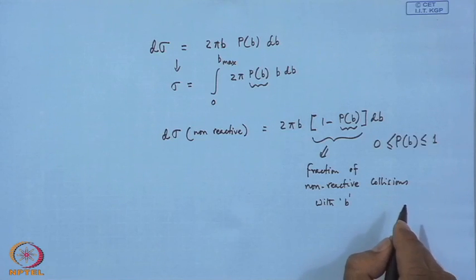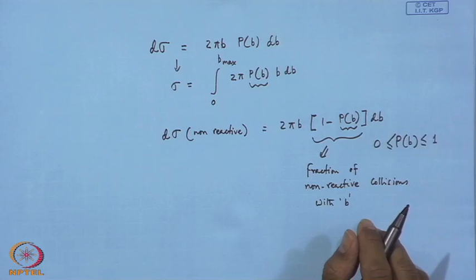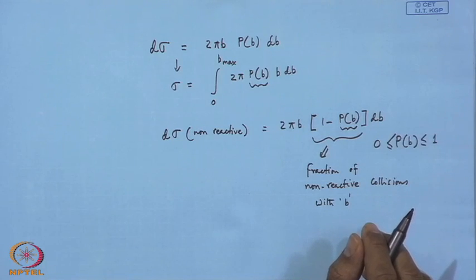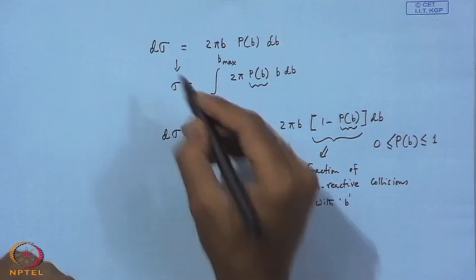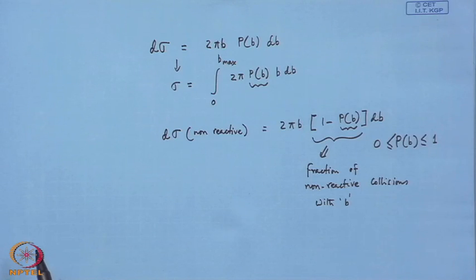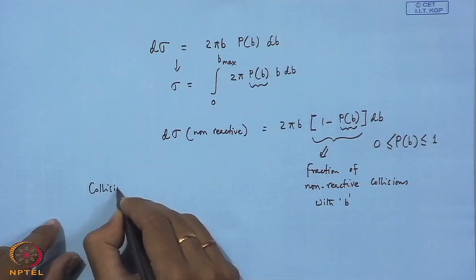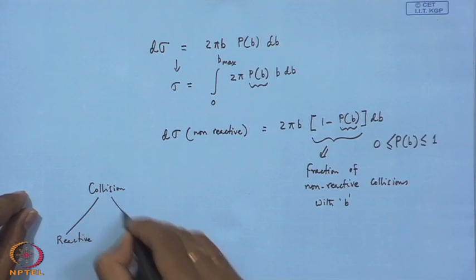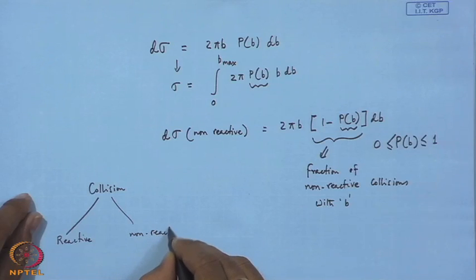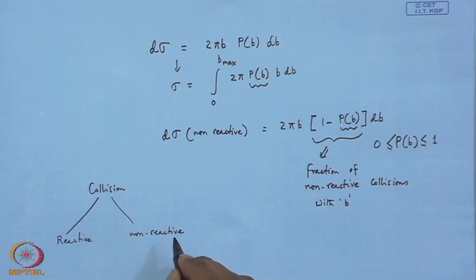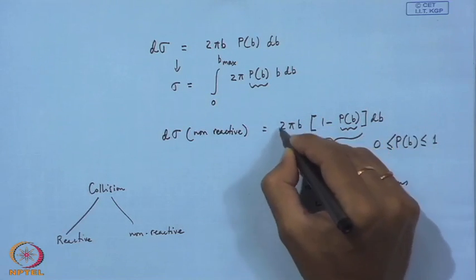We have to remember one point: while we are partitioning the cross section into reactive and non-reactive collisions, we note that the sum of the cross sections must always be the total.